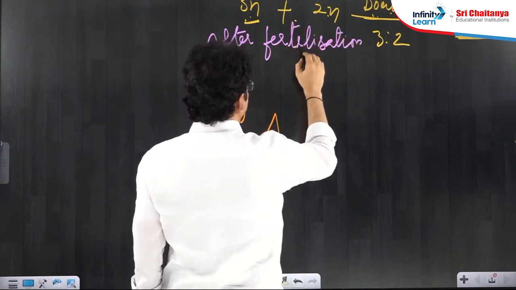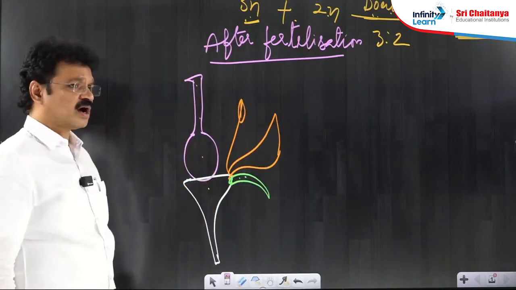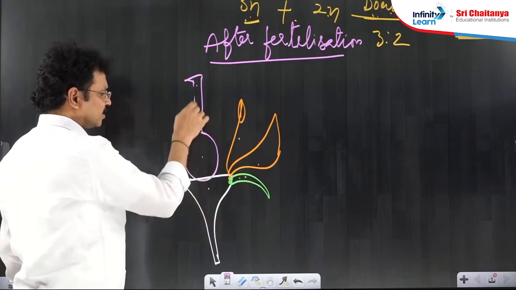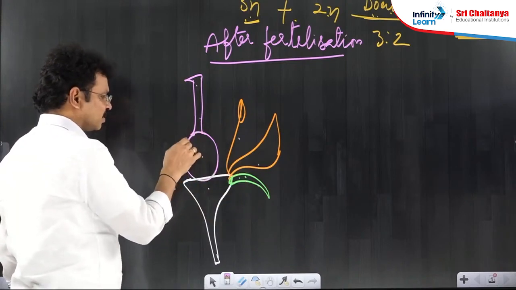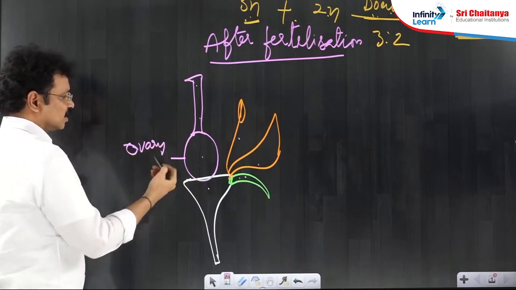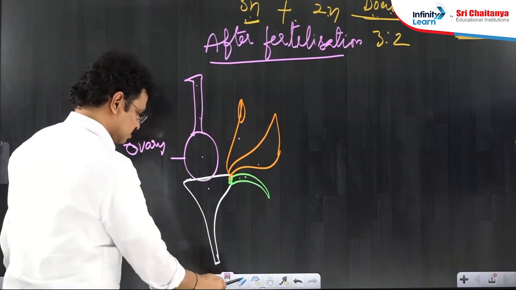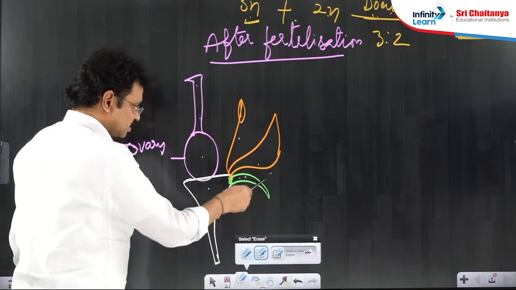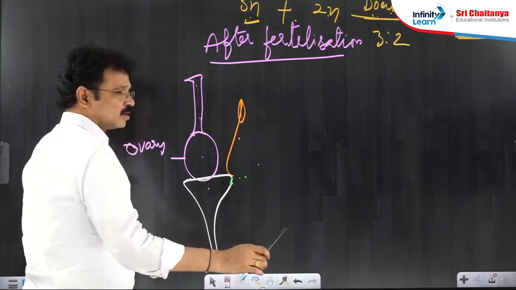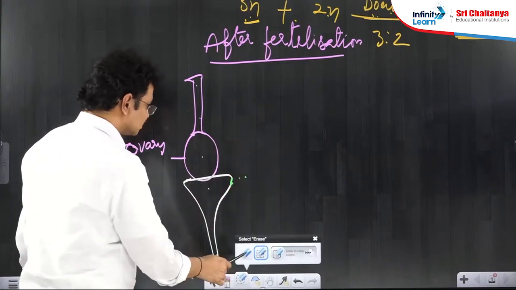Except one structure. What structure remains in this flower after fertilization? Is it sepal, petal, stamen, entire carpel, or just part of the carpel, the ovary? Except the ovary, all the rest wither or fall down. Sepals fall down, petals also fall down, stamens fall down.